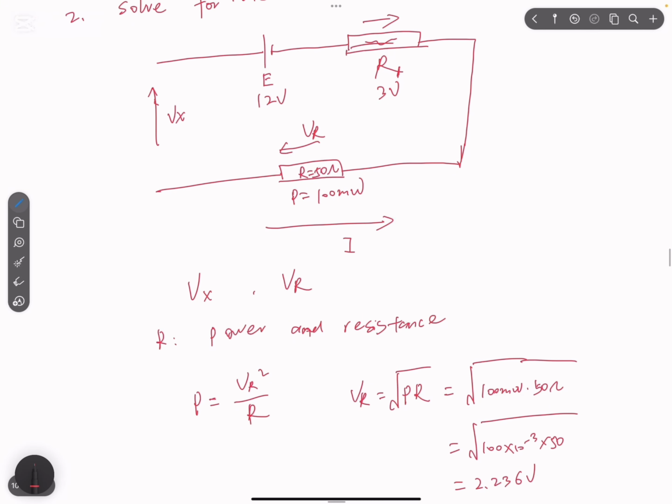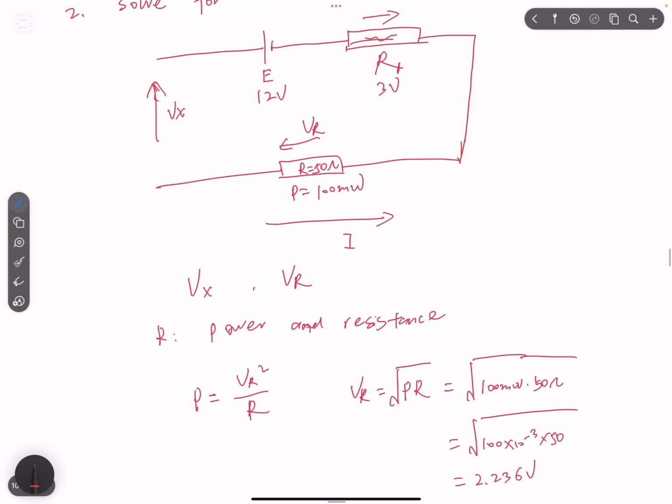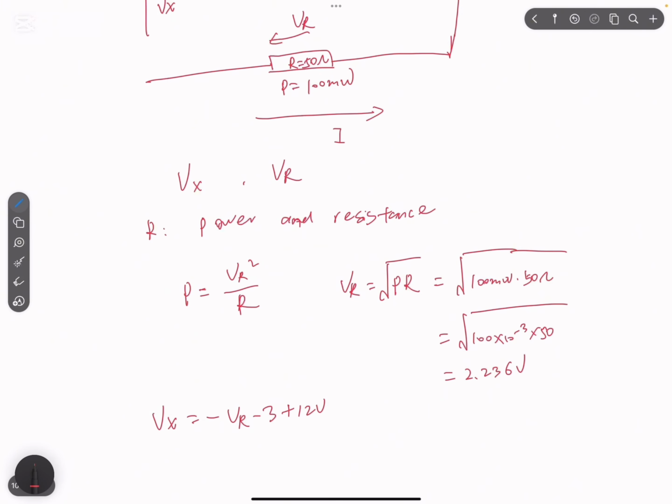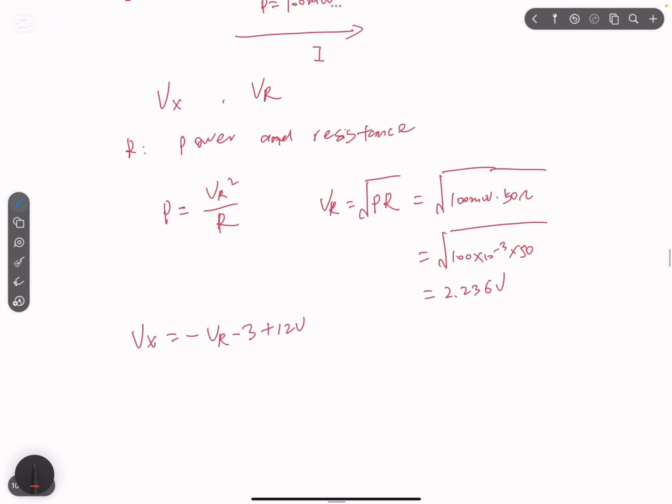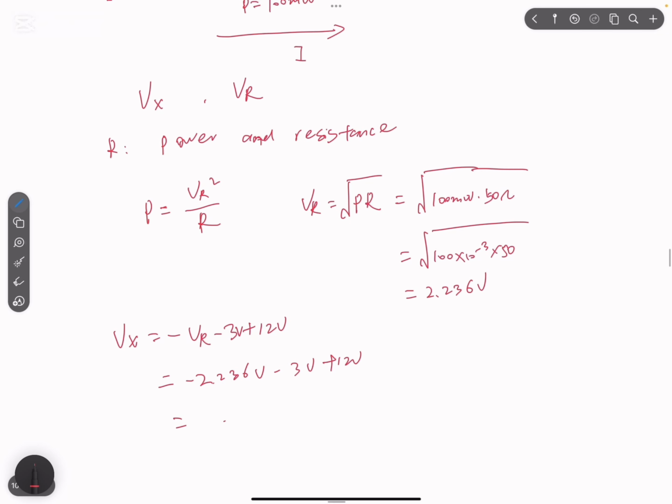So the total Vx in this direction will be minus VR, then minus 3 plus 12. So that would be minus 2.236 volts minus 3 volts plus 12 volts. That will give us 6.76 volts.